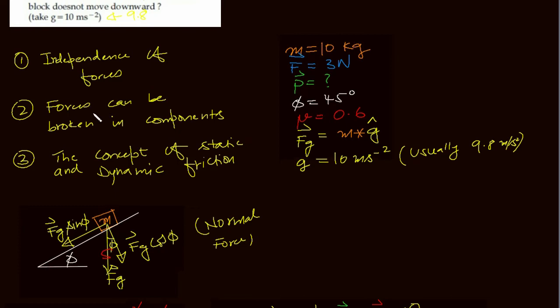Independence of forces. Forces can be broken in components, and the concept of static friction, because this is what gave us this formula that force of friction is coefficient of friction multiplied with normal force.